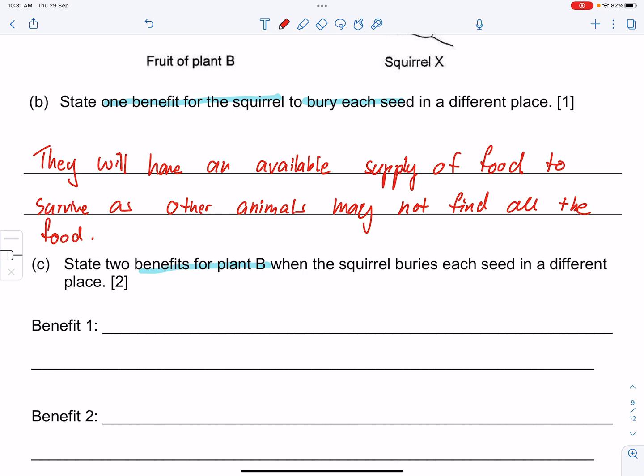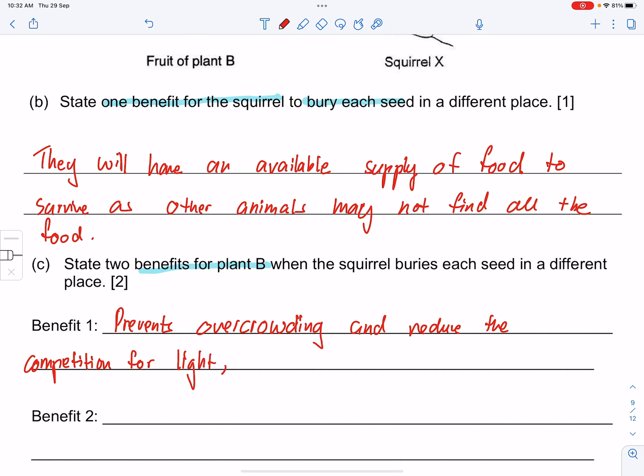So the first thing would be to prevent overcrowding and reduce the competition for light, minerals, space, and water.